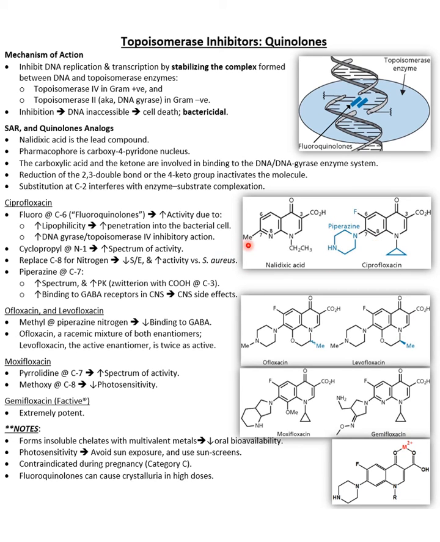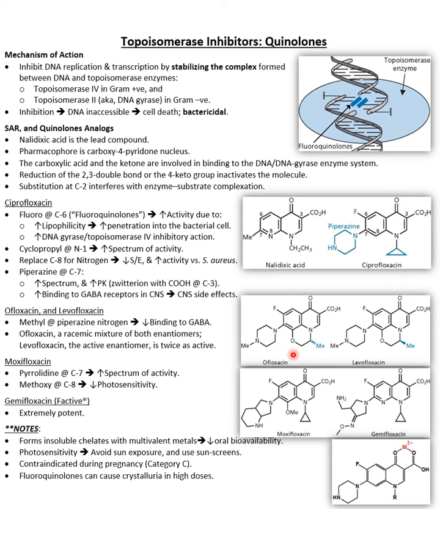And replacing the methyl group here with a piperazine ring would increase the spectrum and improve the pharmacokinetics. However, it would cause a CNS side effect, because it would make the molecule bind to the GABA receptor in the CNS. So the solution to this was adding a methyl group here, which is in the new product called ofloxacin, and that would reduce the binding to the GABA receptor.